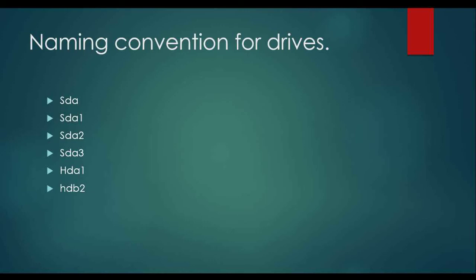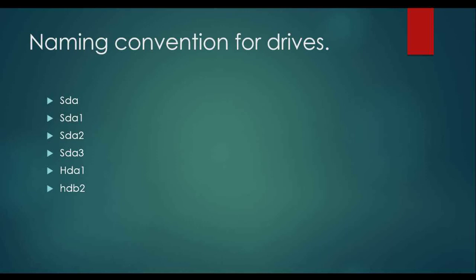IDE drives that are connected via IDE controller are listed as HD, and drives that are connected via SCSI controller are SD. You can look at the naming conventions that I've put down here: SDA, SDA1, SDA2, SDA3, HDA, and HDB2.